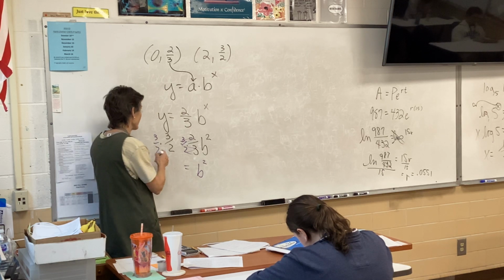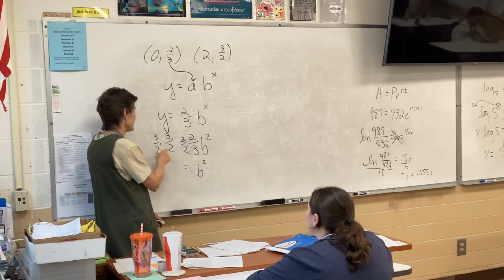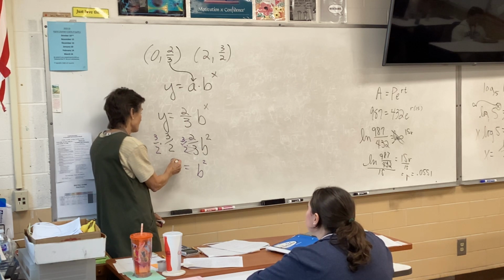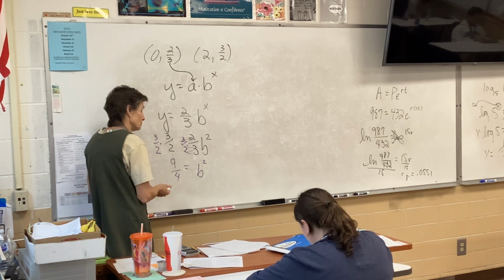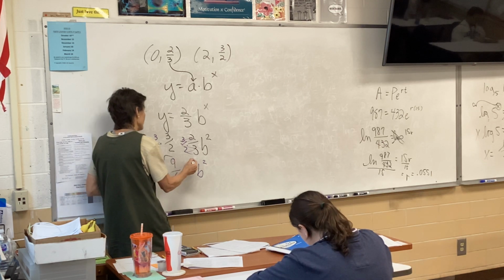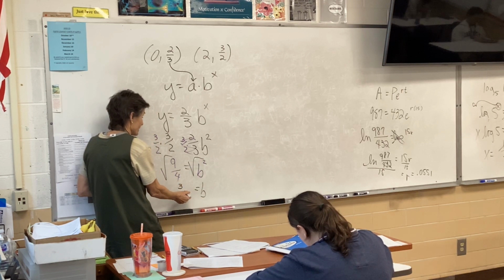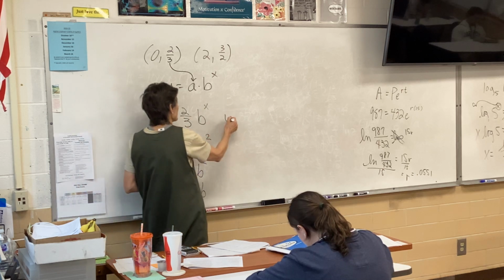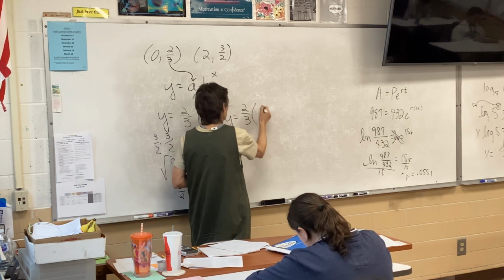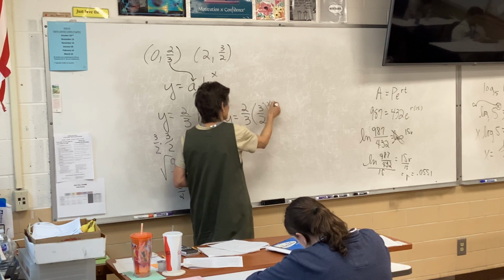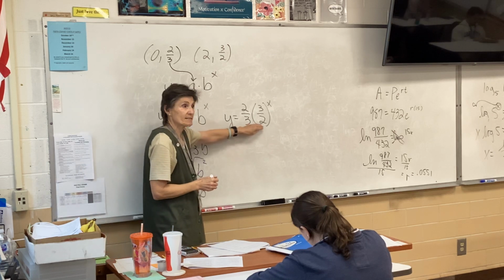Well, what does b squared end up equaling? 9/4. And then what do we do? Square root. So b equals 3/2. Our equation is y equals 2/3 times 3/2 to the x. Never ever multiply these together, right?